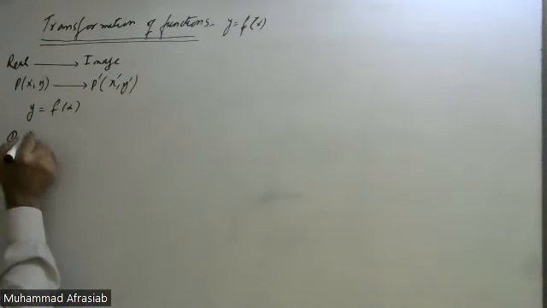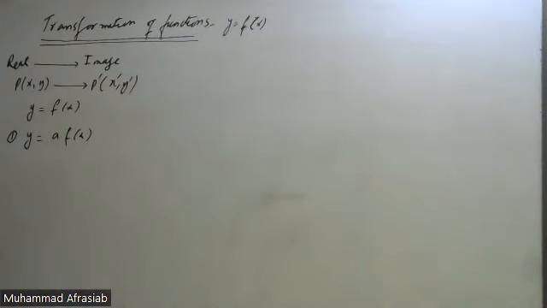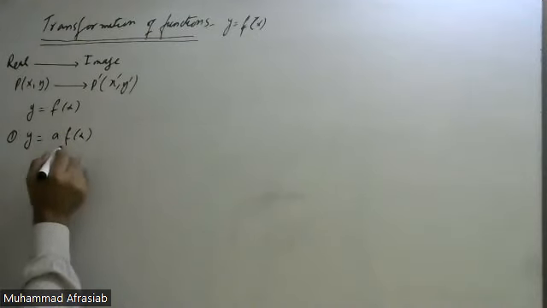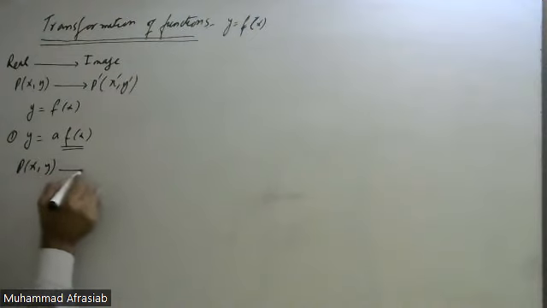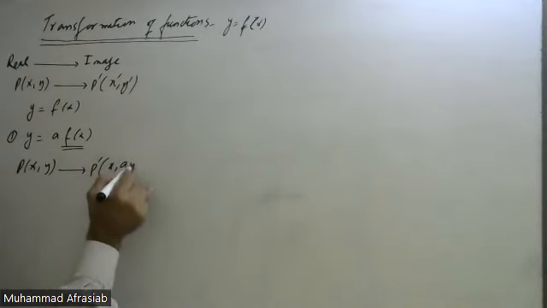y equal to a f of x, where a is a constant number and f of x is the function. So a is going to be multiplied outside the function. In mathematical form, if P is x, y, the real coordinate, then it will be changed to x and a y.